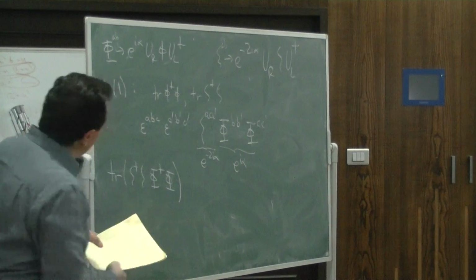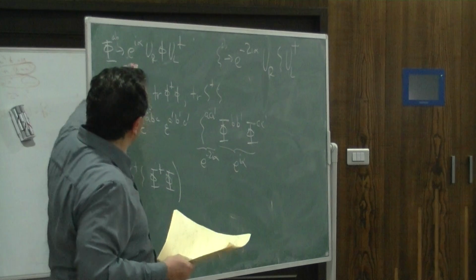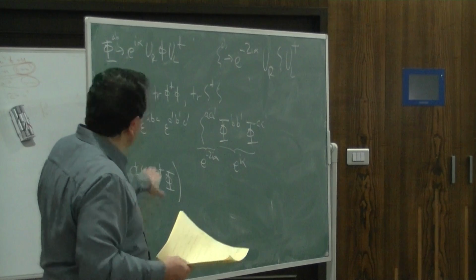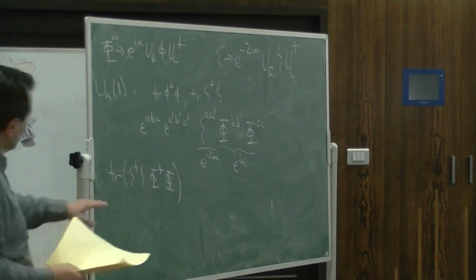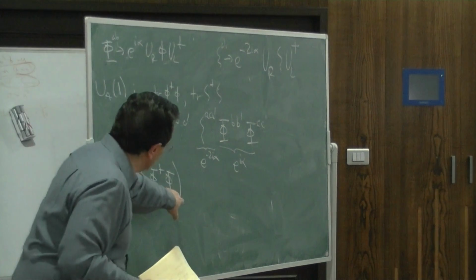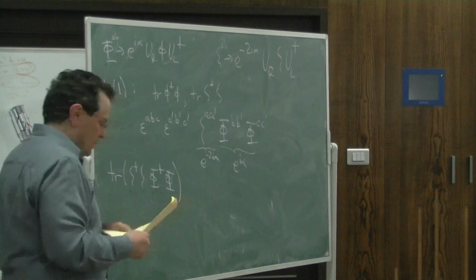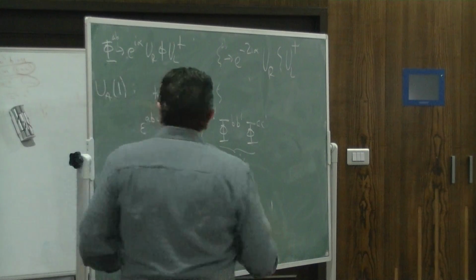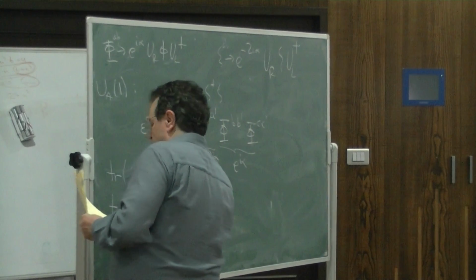This is clearly going to be invariant under SU3 left plus SU3 right because they transform in the same manner. And as long as I have a dagger and a field, it's going to be the same. It's going to be invariant under axial U1 because wherever I have a phi dagger, wherever I have a zeta dagger. So I can write down other terms, but it's just a matter of writing them in a different order.